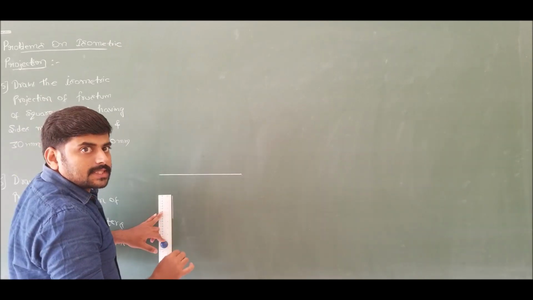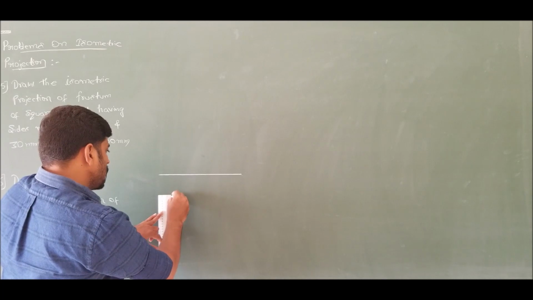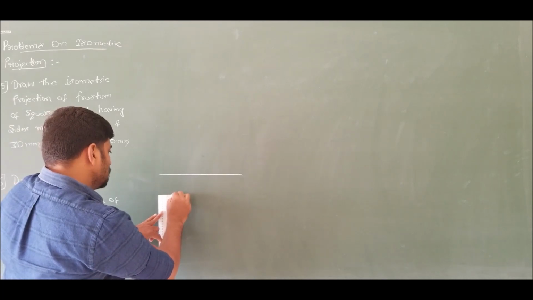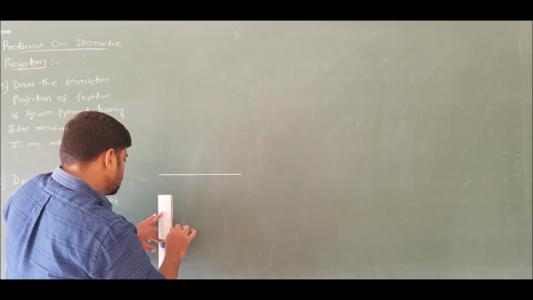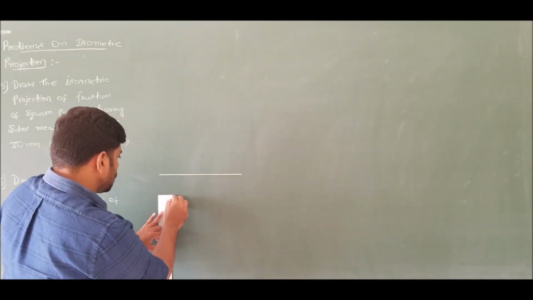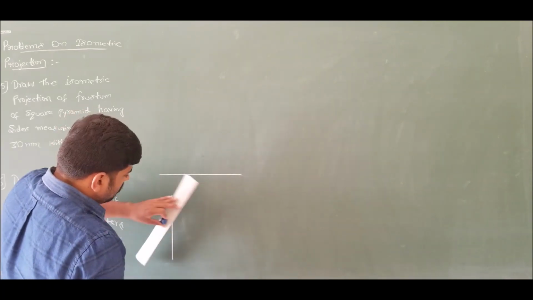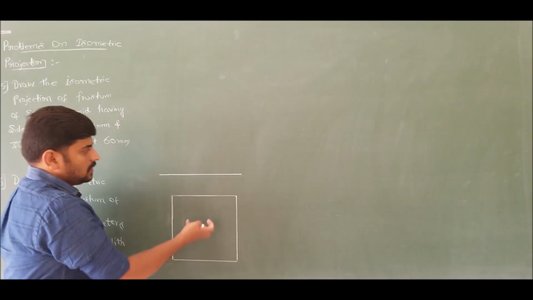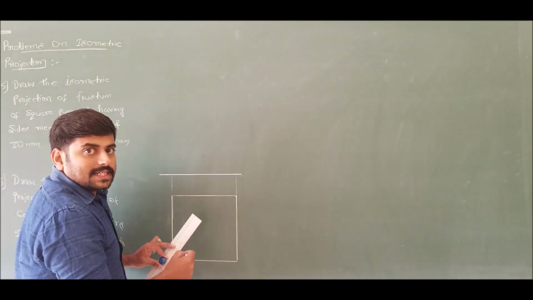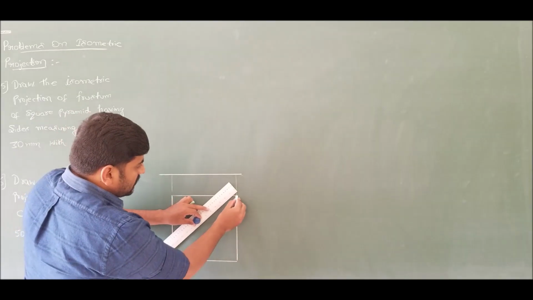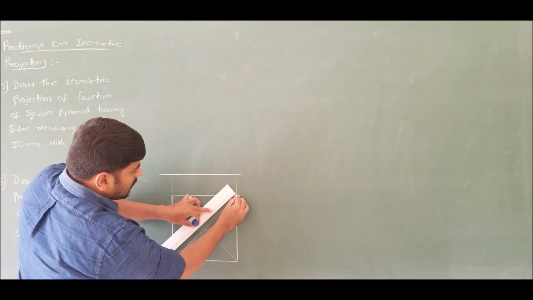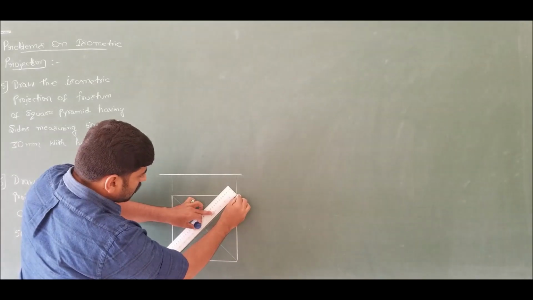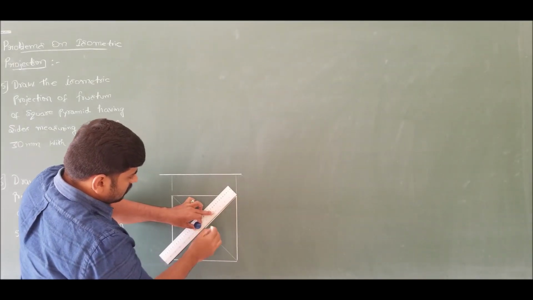The outer side of the square pyramid in the top view is measuring 50 millimeters. Now construct a square of side 50 millimeters. Taking the projection, since it is a pyramid, identify the center and draw dark lines from all the corners to the center.